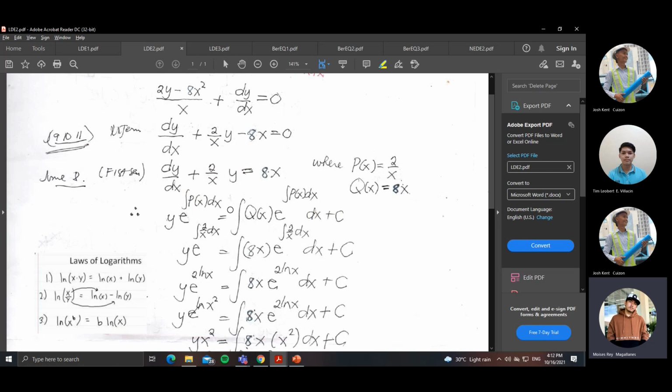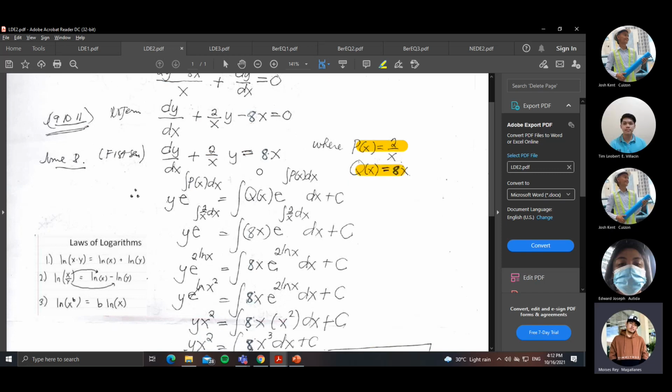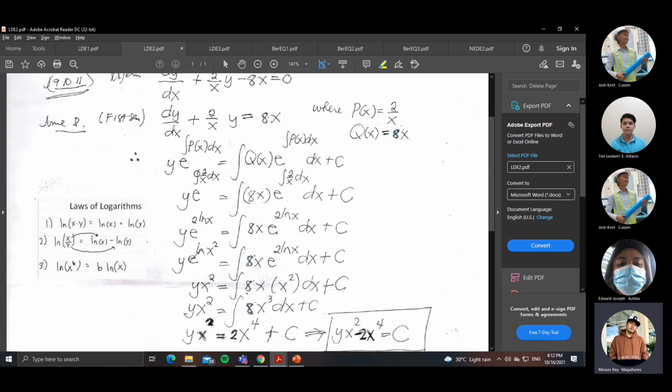Then next, we are going to substitute the givens. Our p of x is 2 over x and our q of x is 8x. Then we solve the power integrals. The integral of 2 over x dx: the 2 we take out since it is constant, so 2 times the integral of dx over x, and the integral of that is just ln of x.